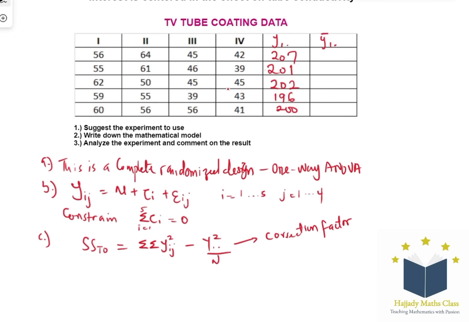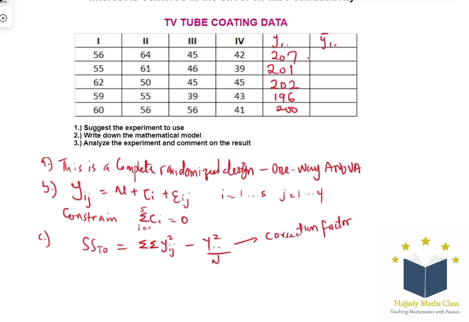So here, yi dot bar. My yi dot bar can be calculated by making this 207 divided by the total, which here is 4.